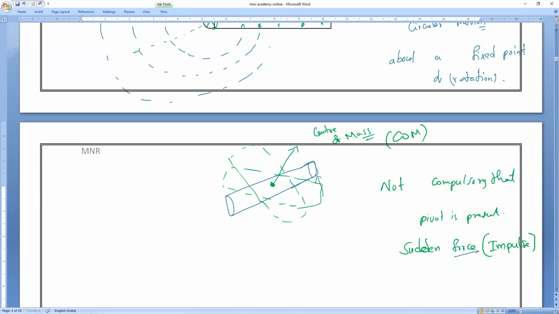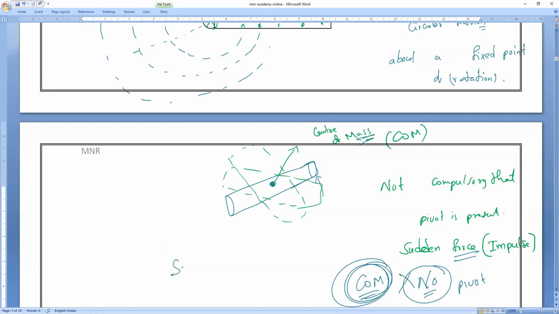So if you give a sudden impulse to any kind of body, even without a fixed point, the body still undergoes rotation about the center of mass. Understanding? So no fixed point or pivot point exists. The whole body will rotate about the point where the body's center of mass is located.